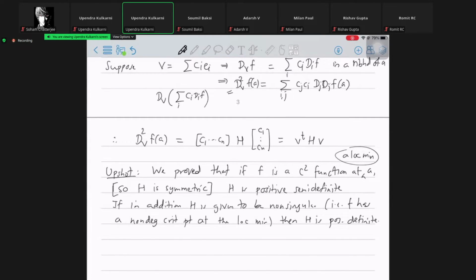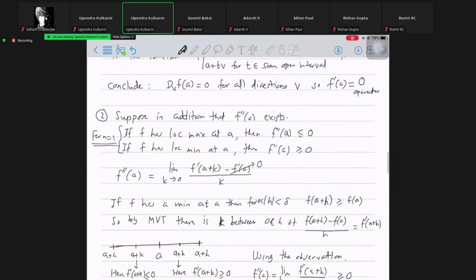Okay. So what we want to do now is prove a converse. By the way, what is the analog over here? If n is greater than 1, then these things stay exactly the same. So for n greater than or equal to 2, assuming in addition that f is C2, then instead of this, what do we get?